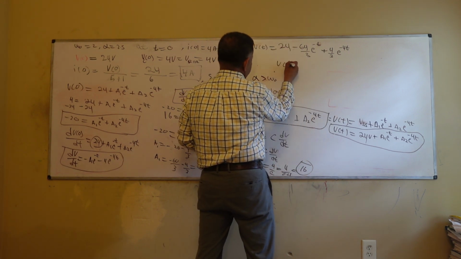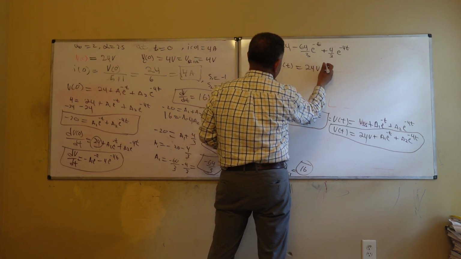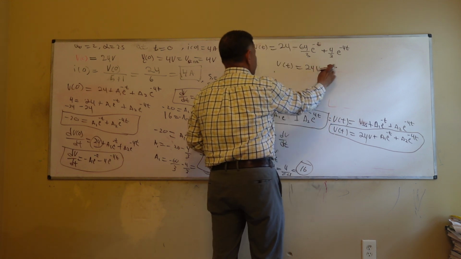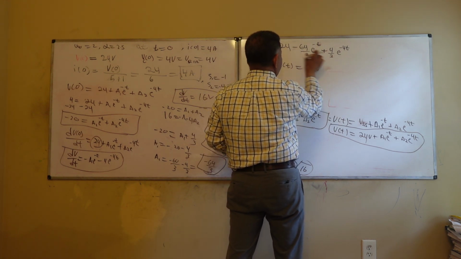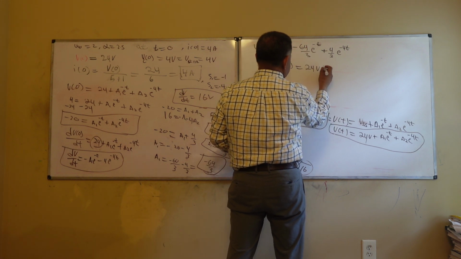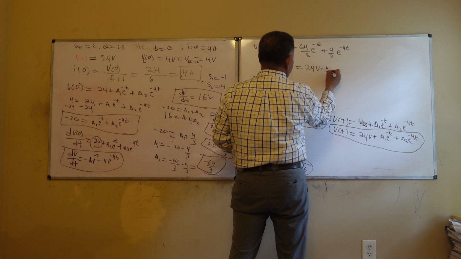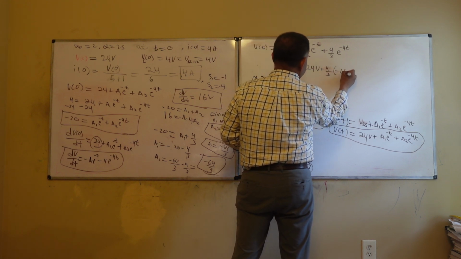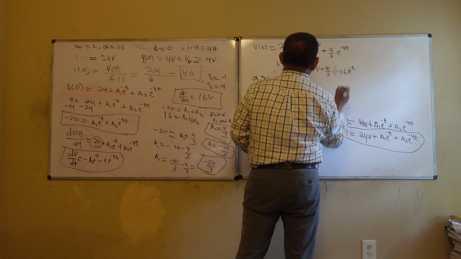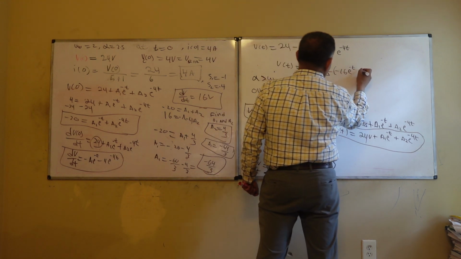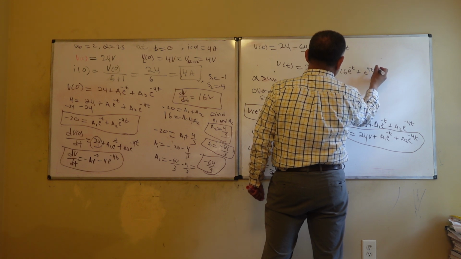B of t is equal to 24 volts, plus, you can factor a positive 4/3 and leave the negative 16 inside: 4/3 times negative 16 e to the t plus e to the 4t.